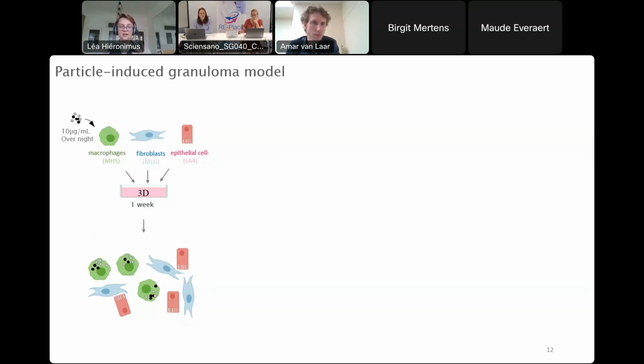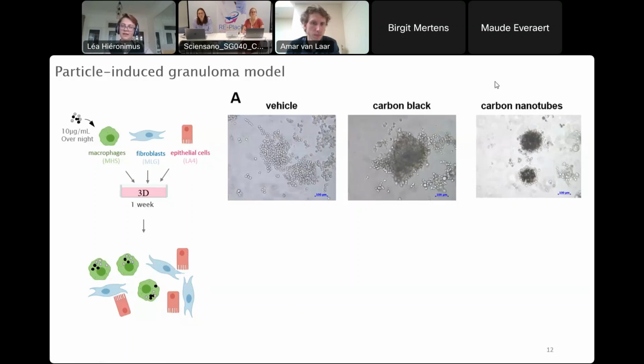After a week, they are co-cultured in 96 well plates coated with scaffold, either agarose gel or matrigel, and the cells are followed. I followed the cells for a week using an optical microscope. As you can see here, the cells are not specifically organized, or they are in a monolayer in the vehicle condition.